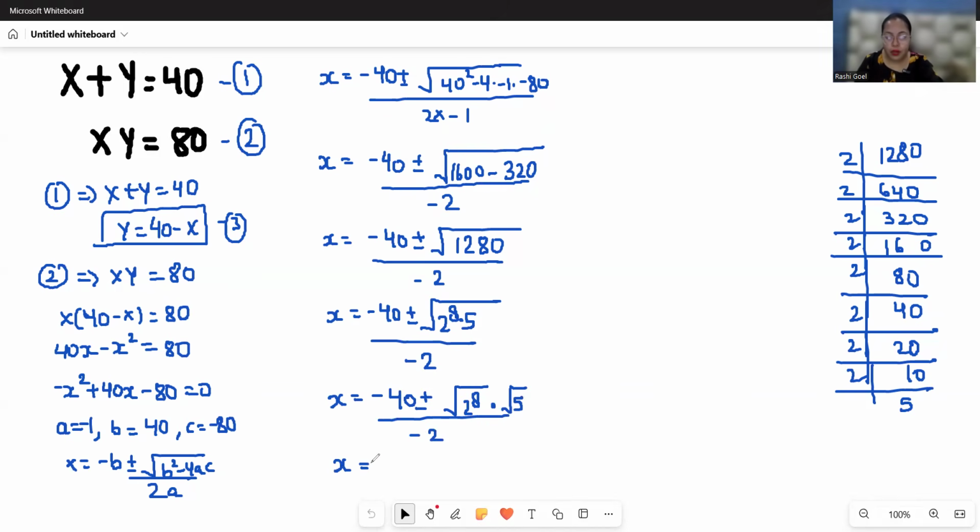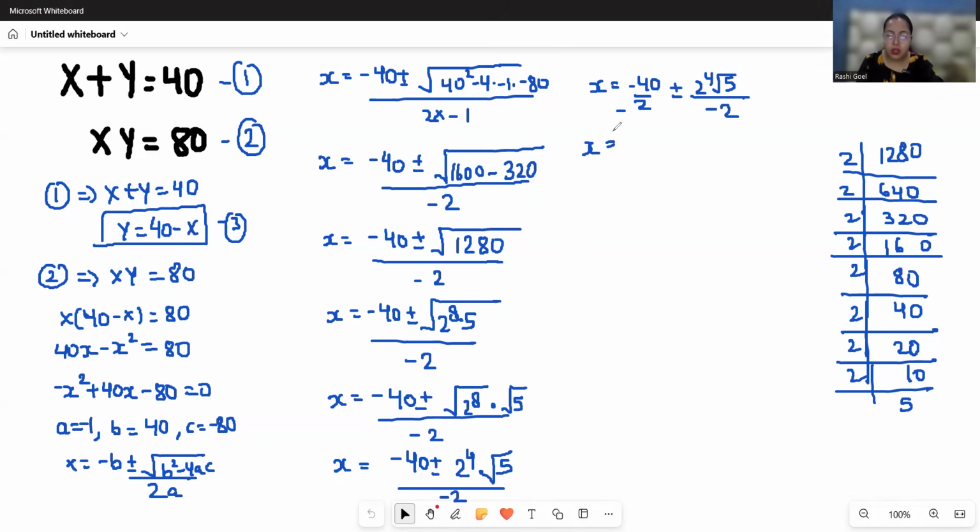So x equals minus 40 plus minus, this becomes 2 power 4 times root 5 by negative 2. So x equals minus 40 by minus 2 plus minus 2 power 4 root 5 by minus 2.